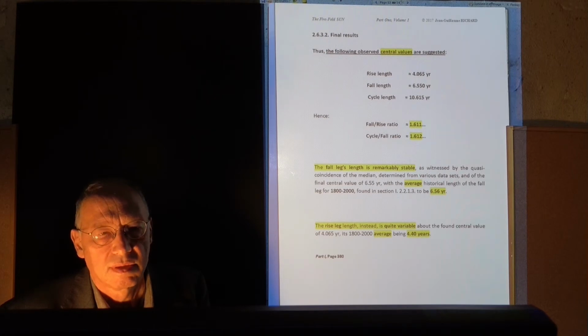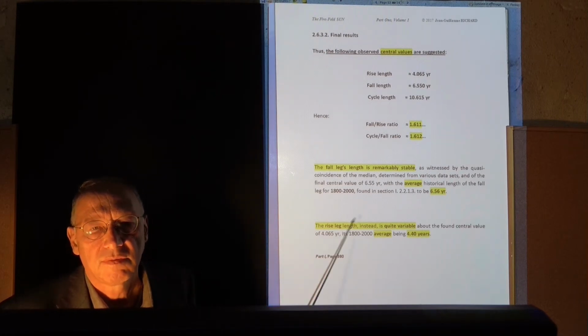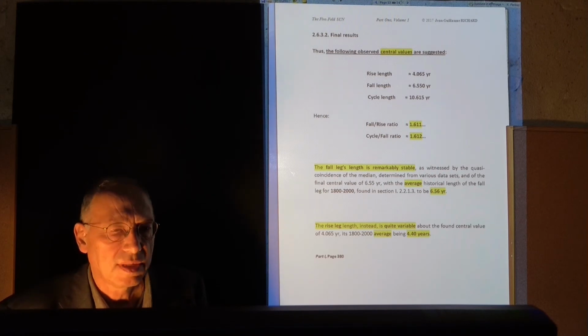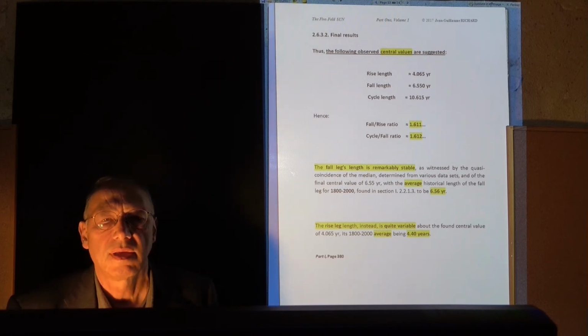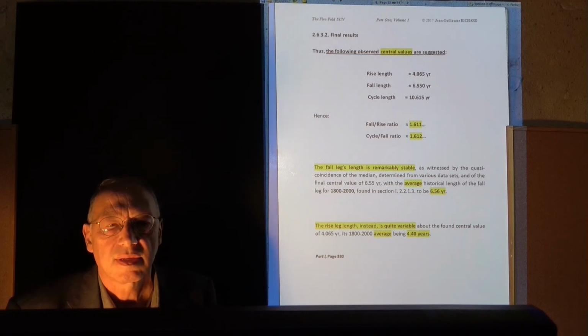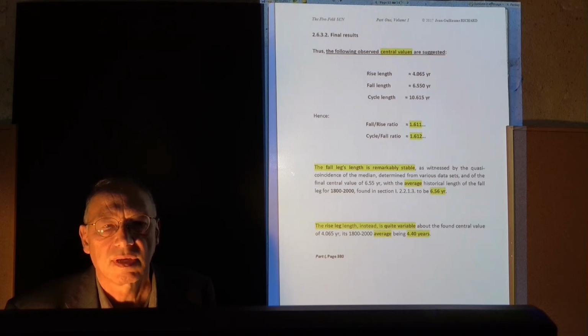There are very few cycles in which the fall leg departed significantly from these central values, and this is in sharp contrast with the behavior of the rise leg, which instead has had a quite variable length over time. It has been highlighted mostly by the Zurich researcher Max Waldmeier that there are very different cycle rise leg lengths in the history of the solar cycle.